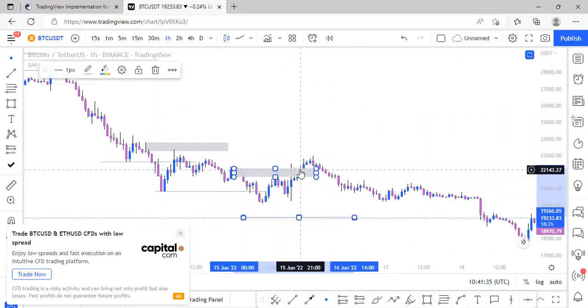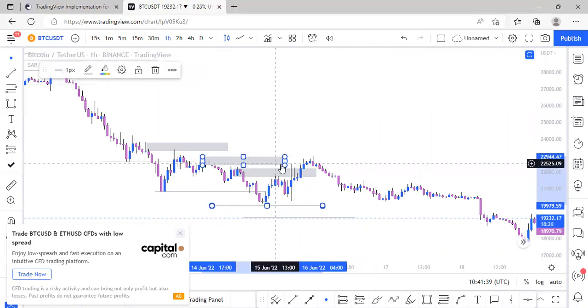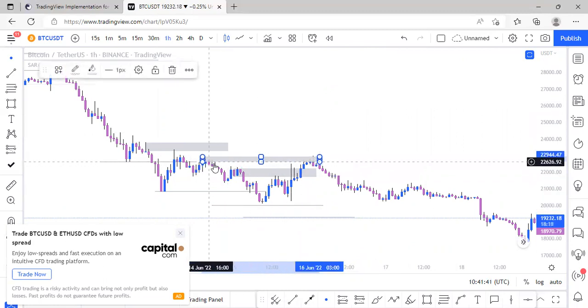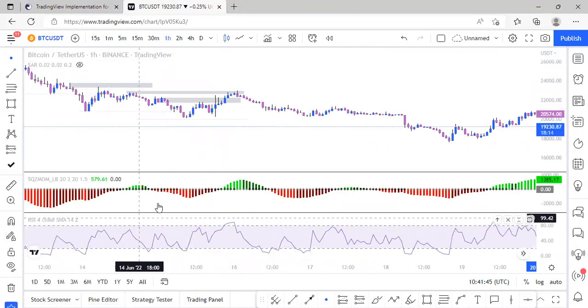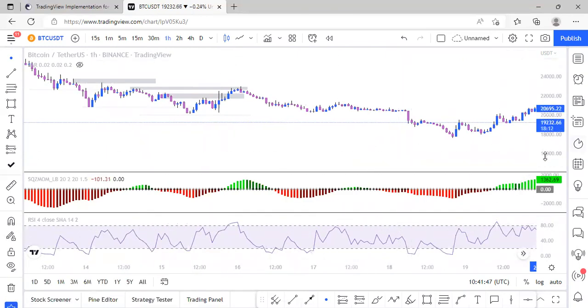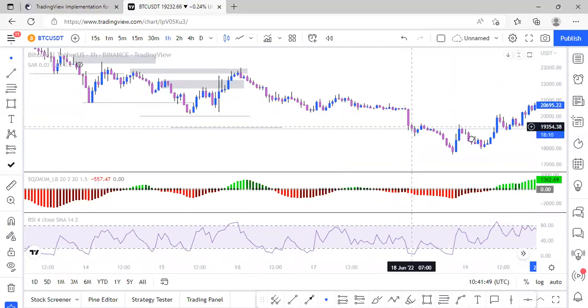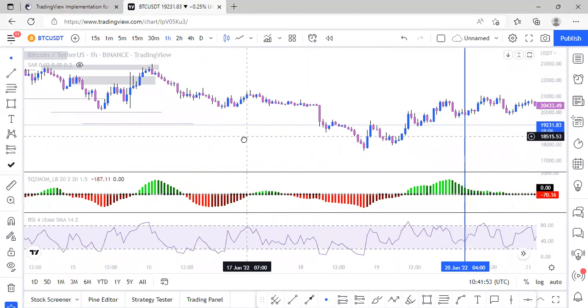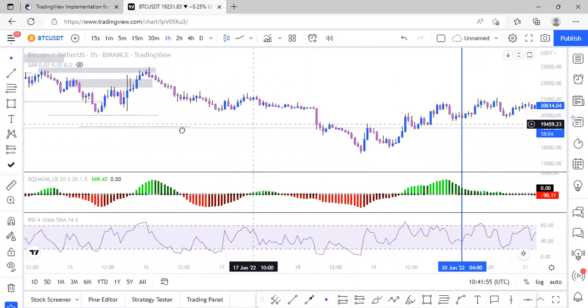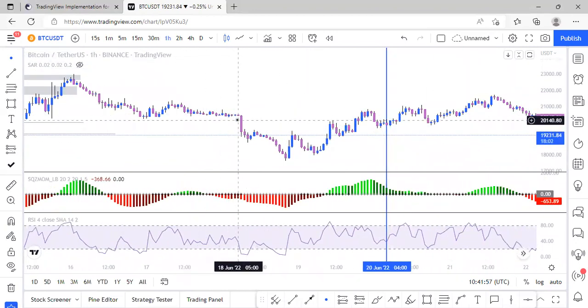But if we have to consider the 50% equilibrium using premium and discount, then obviously this would have been it. And then if we needed to use our RSI, we would have spotted lots and lots of divergence, but I really do not want to keep you guys so long on this video. Okay, so that's how you can use the advanced model.